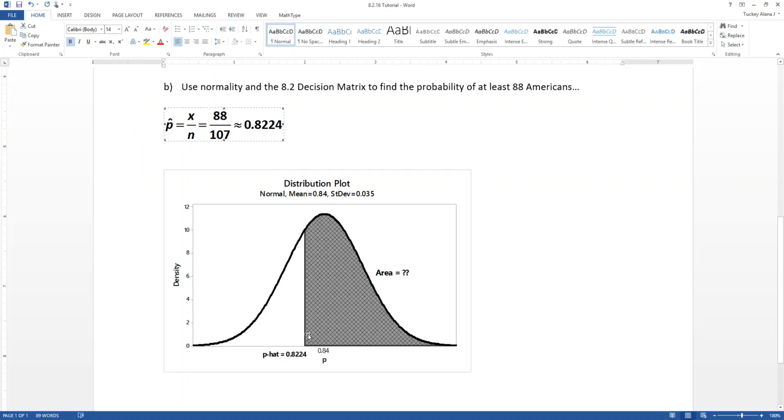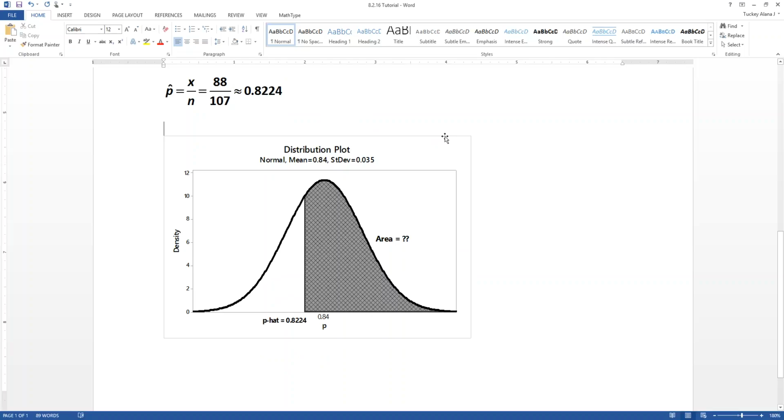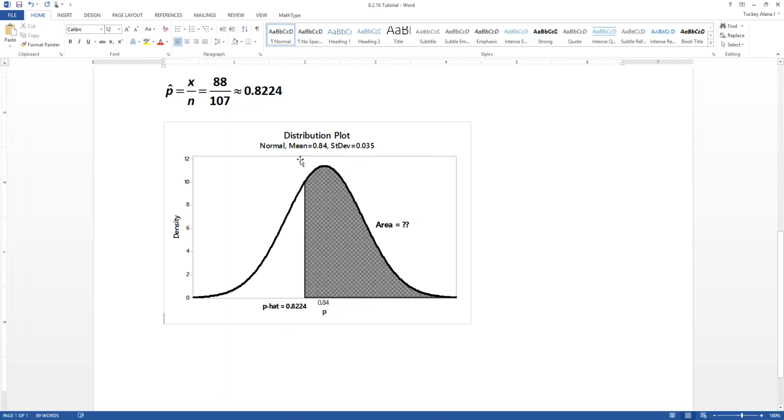So p hat is where this vertical bar is over here. And it said at least 88 Americans, which means 88 Americans or more. So at least 88. Now how do we find this area? We've drawn it, we've labeled it.